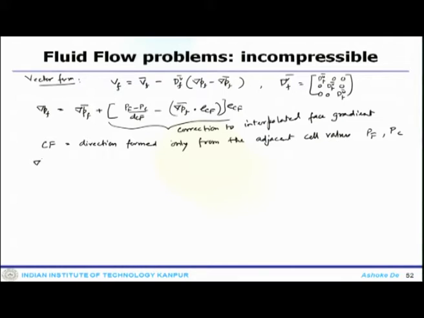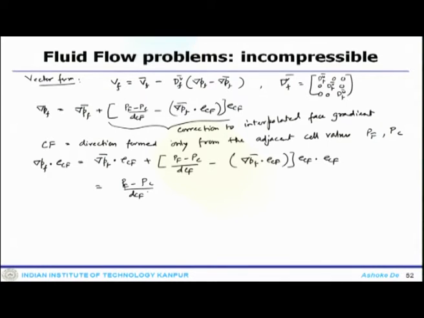So, we calculate del P f dot E c f, which is del P f bar dot E c f plus P f minus P c by d c f minus del P f dot E c f, E c f dot E c f, which will get you back P f minus P c by d c f, where the face velocity is closely linked to the pressure of the adjacent cells.